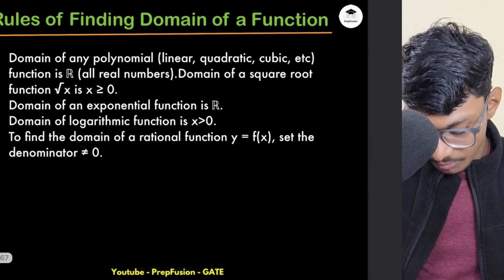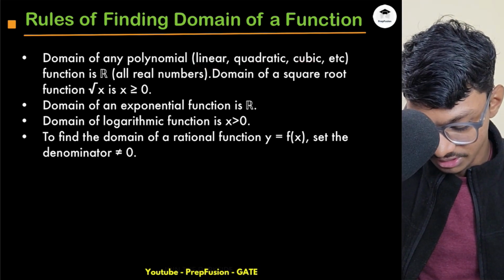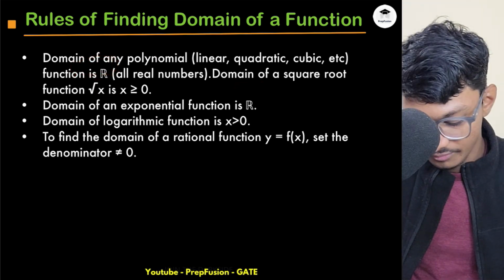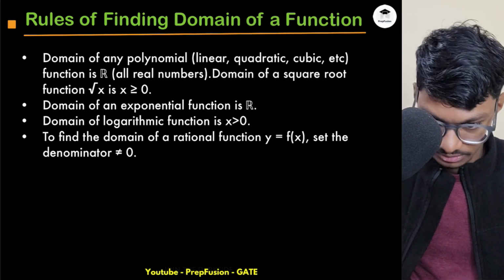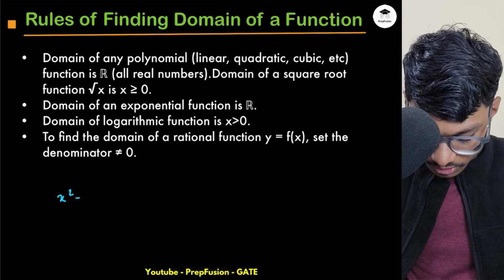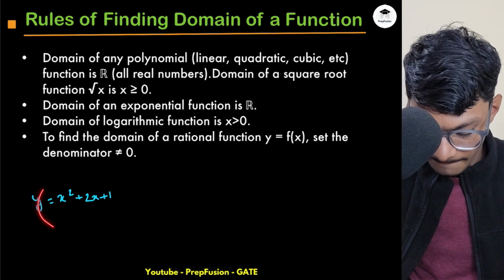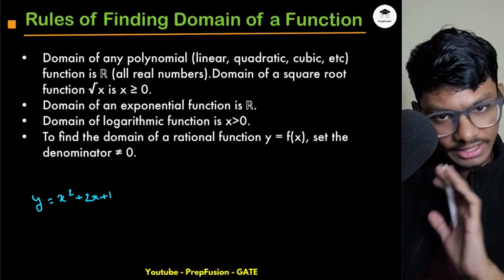The domain of any polynomial, linear, quadratic, or cubic function is all real numbers. Let's say I'm taking an example: y equals x square plus 2x plus 1. You can give it any values, right? It doesn't matter, any real value.